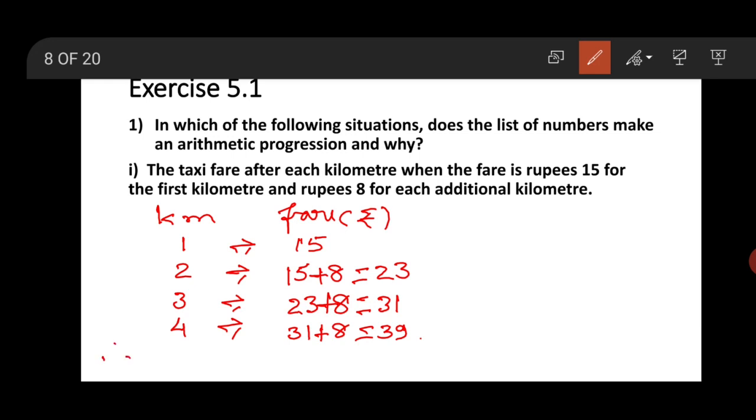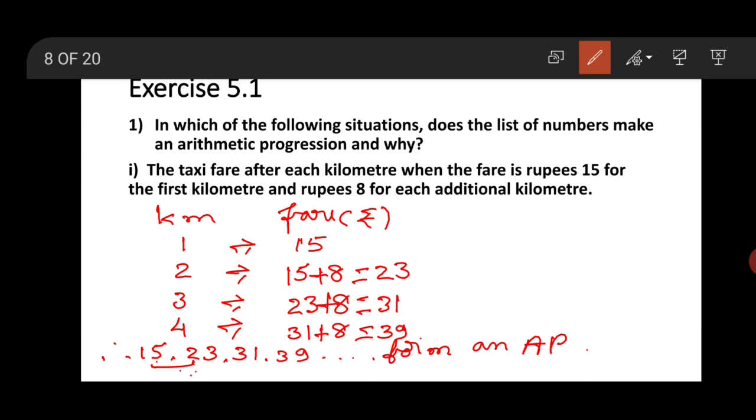Yes, therefore 15, 23, 31, 39 and so on. Do they form an AP? Yes, they form an AP. Why? Because the common difference here, 23 minus 15, is equal to 8.